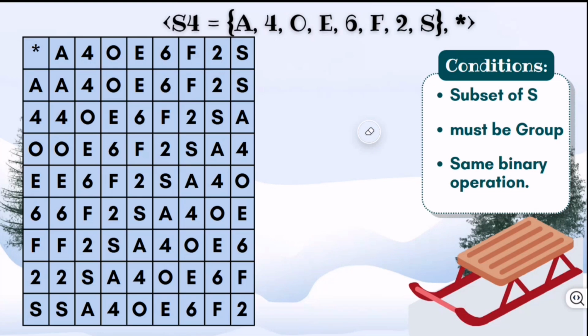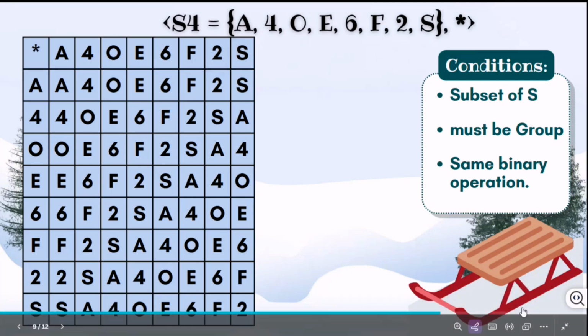Now we need to prove the associativity, and we will use the general formula: (A star B) star C is equal to A star (B star C). Since we have the elements A, 4, O, E, 6, F, 2, and S, we need to operate some elements.